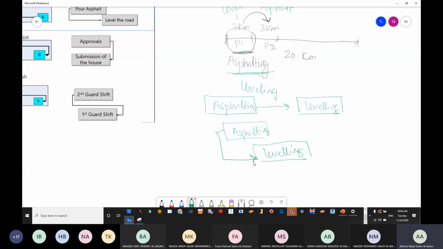No, because the relationship now is start to start. I don't need to finish the asphalting in order to start the leveling. Okay, so it's going to be faster. So once again, finish to start relationship is not going to allow you to faster your project. The other relationships are going to allow you to do so.